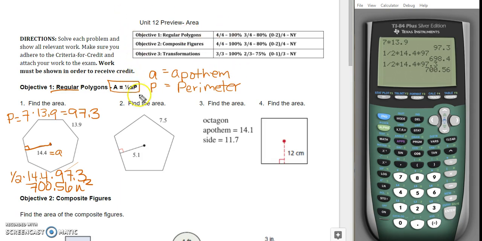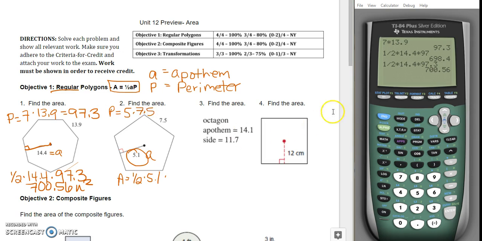Number 2, still applying the formula. Area is going to equal 1/2 my apothem. This is my apothem. That's A, so it's 5.1. Then I need my perimeter. This time I have 5 sides that are 7.5.